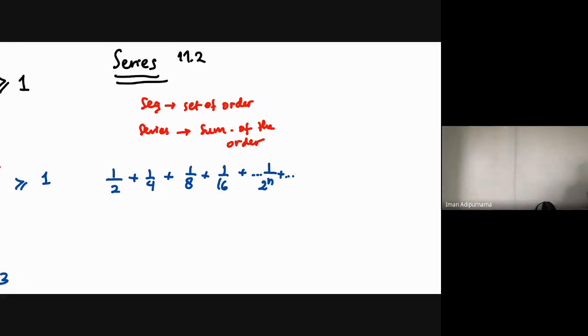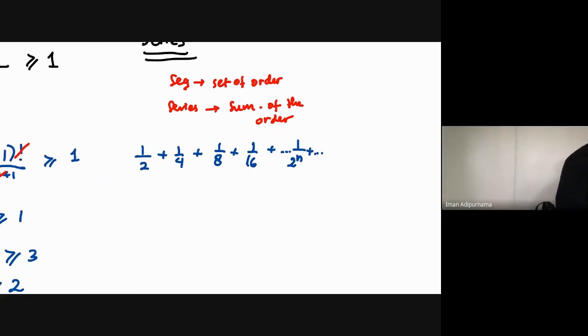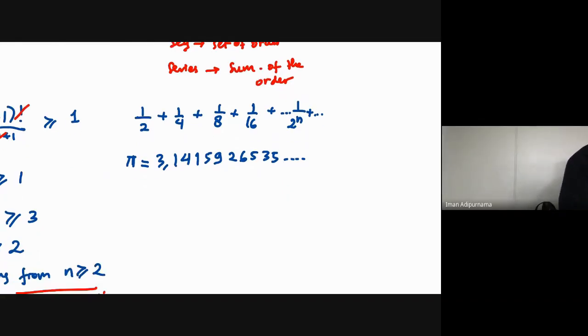And if you see pi as a number, if we write down pi, we can divide it so that pi becomes 3 plus and plus and plus dot dot dot.